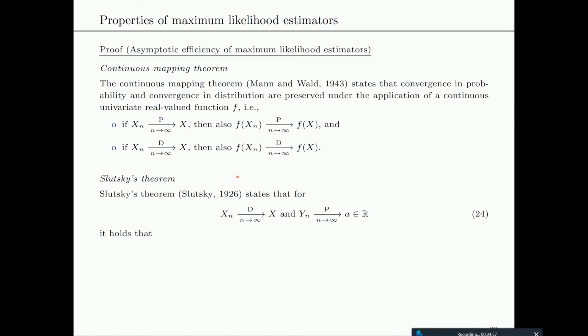Slutsky's theorem, which came earlier actually, but also just 20th century mathematics, is that if you have two sequences of random variables, one converging in distribution and the other in probability to a constant, then if you add these two sequences, of course you would have to define first what you mean by addition of sequences, but I hope you know that from analysis.